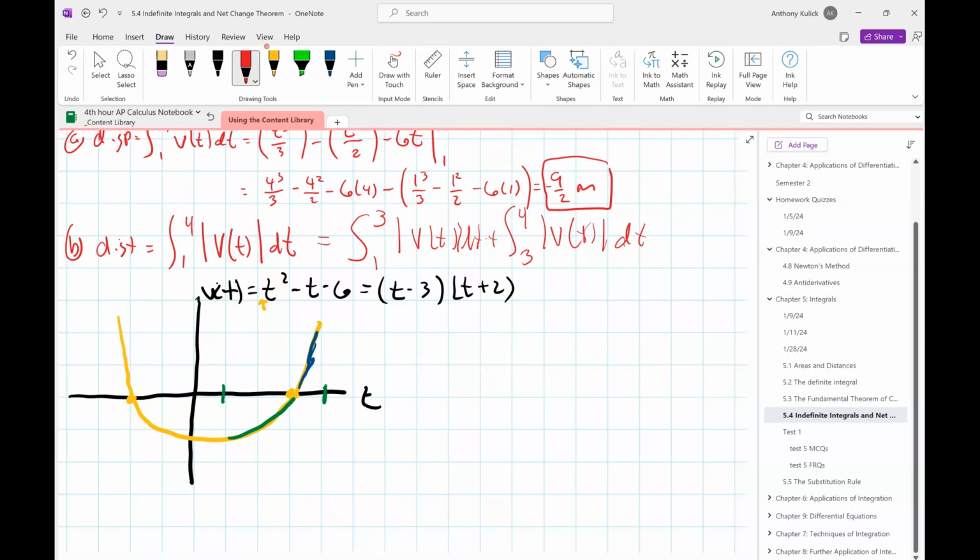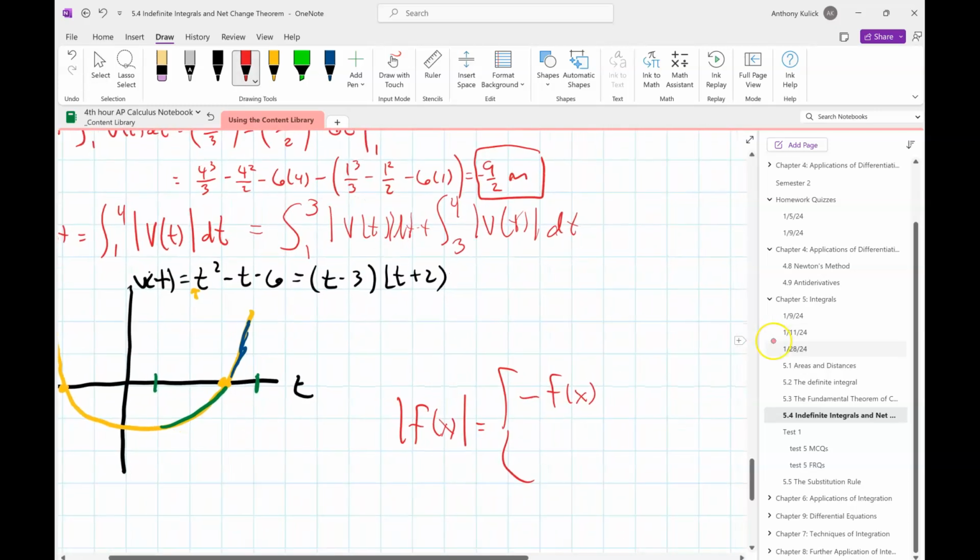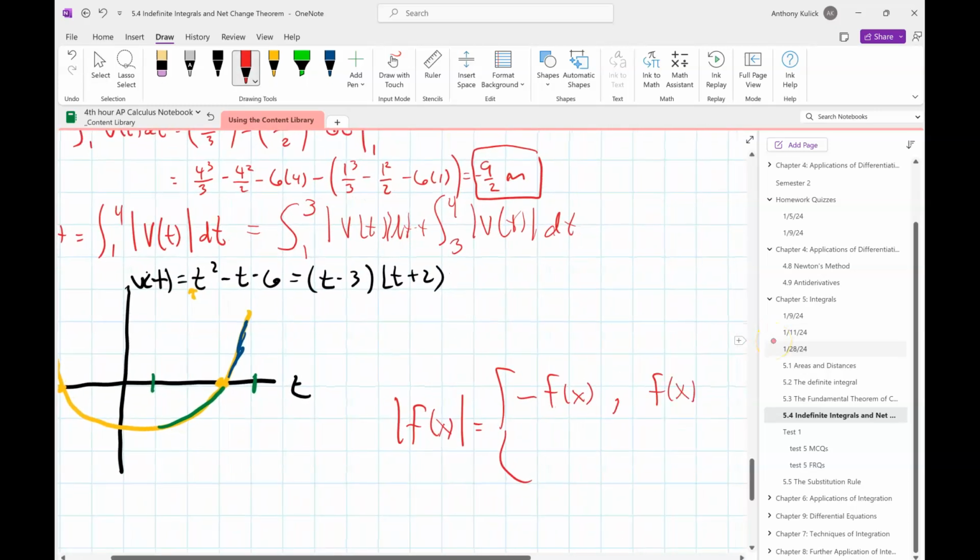Okay? So I know from 1 to 3, v of t is always negative, right? So if I did the absolute value of f of x, that should be negative f of x when f of x is less than 0, right? I have to do the negative of it if it's negative, because it'll make it positive. And we know it's positive f of x if f of x is greater than or equal to 0.